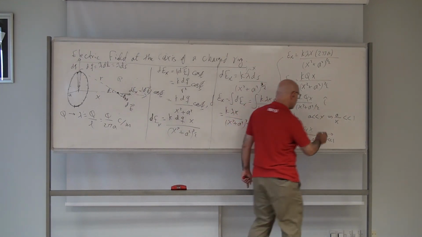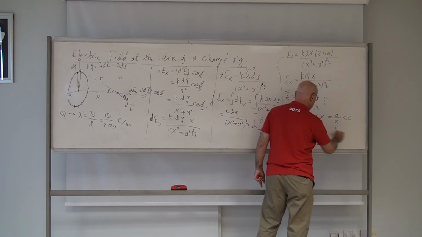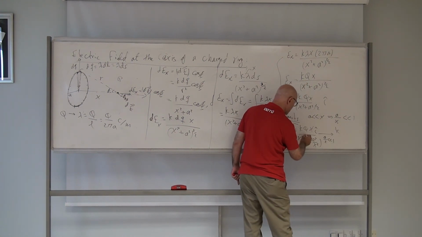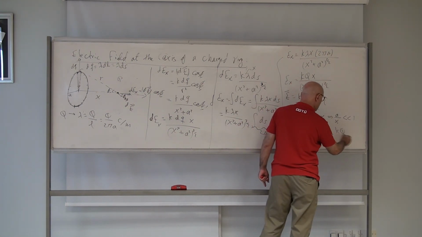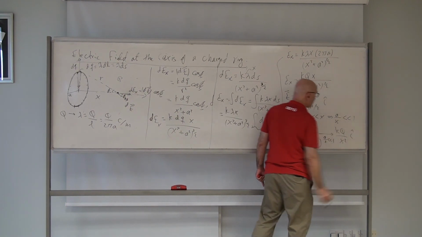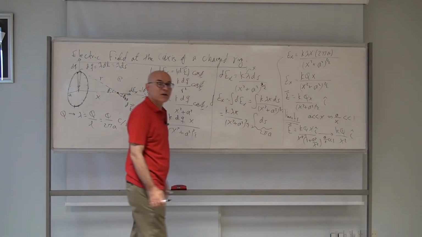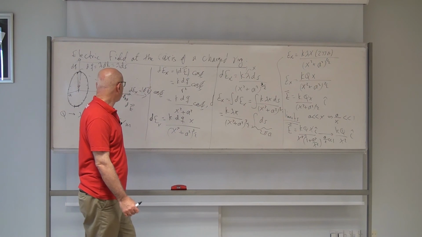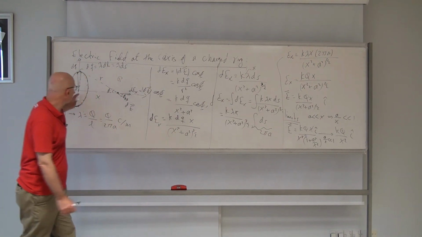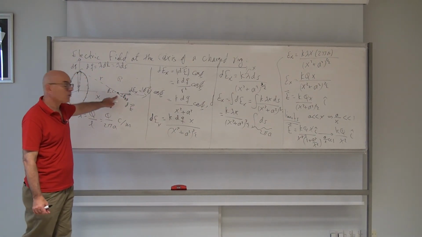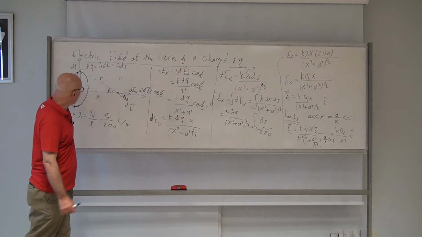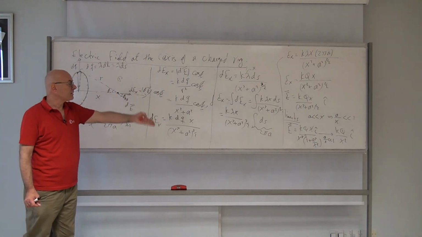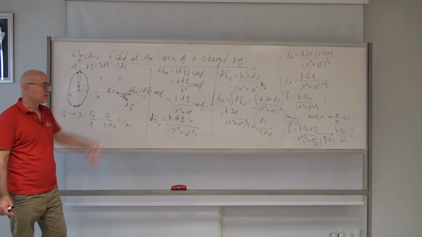And this reduces, of course, I have i here, this x will cancel, this cube will get squared here, so kq over x square i hat, which is the expression for the electric field of a point charge centered at the origin at a point x along the x-axis, and it is directed along i hat, given that q is positive.